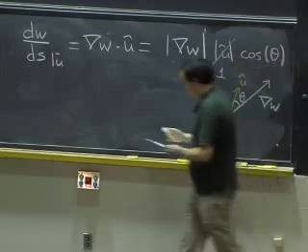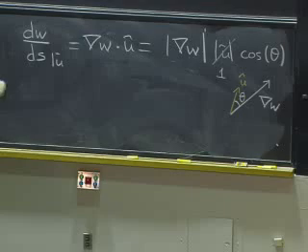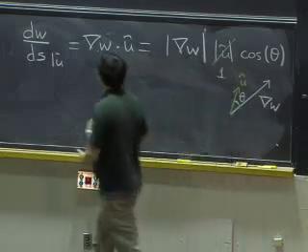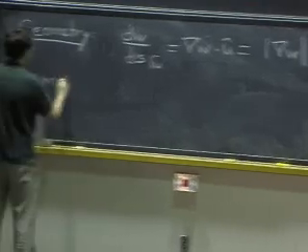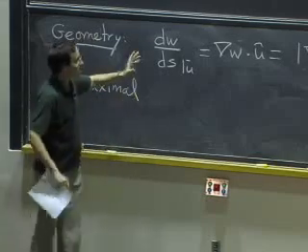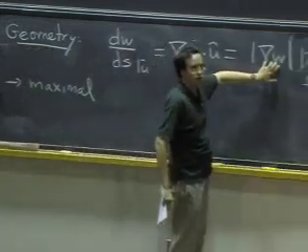But now, what does that tell us? Well, let's try to figure out in which directions w changes the fastest, in which direction it increases the most, or decreases the most, or doesn't actually change. So when is this going to be the largest? If I fix a point, then the gradient vector at that point is given to me.